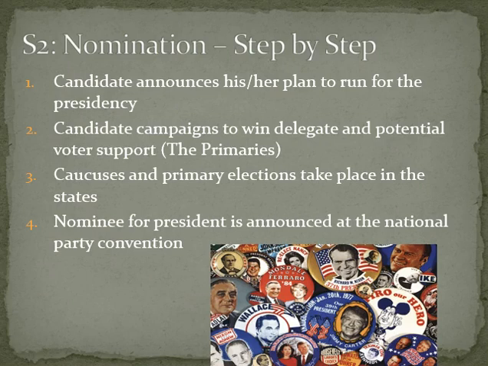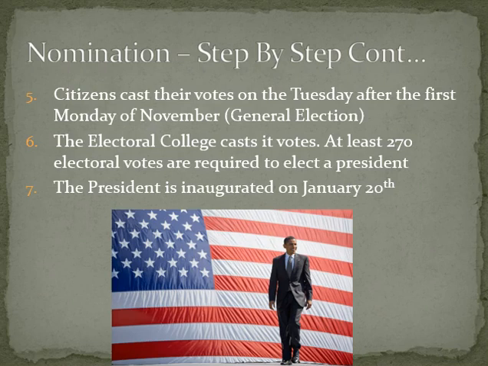The candidate announces his or her plan to run for the presidency, then campaigns to win delegate and potential voter support in the primaries. The caucuses and the primary elections take place in the states. The nominee for the president is announced at the National Party Convention.